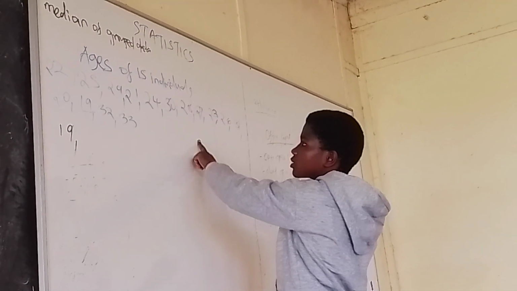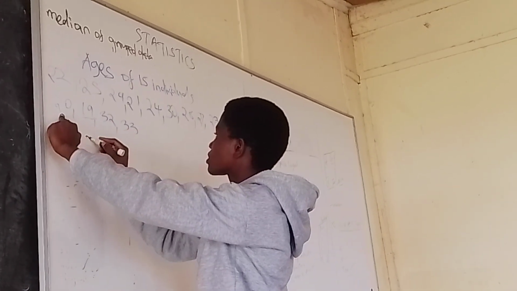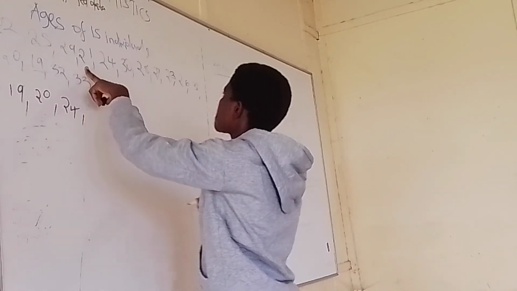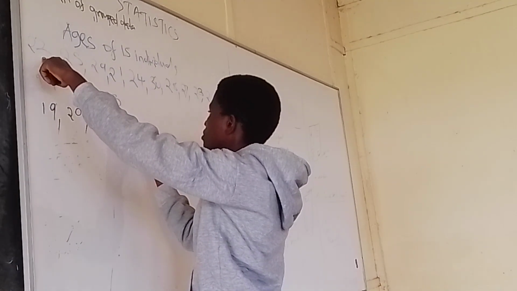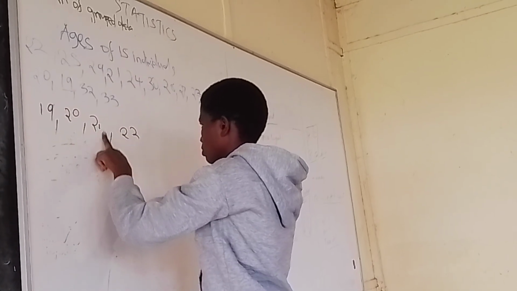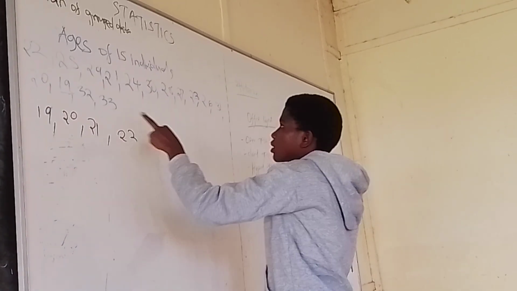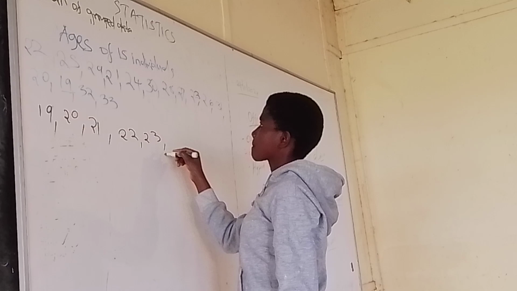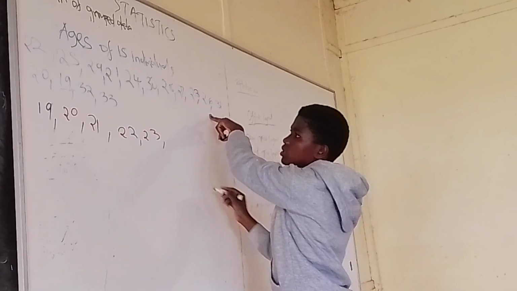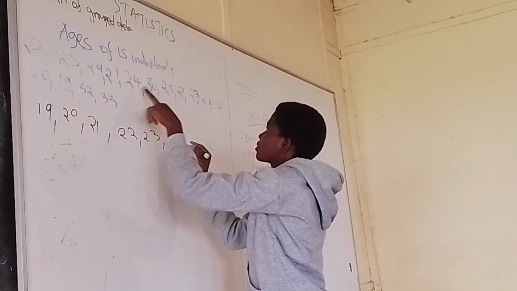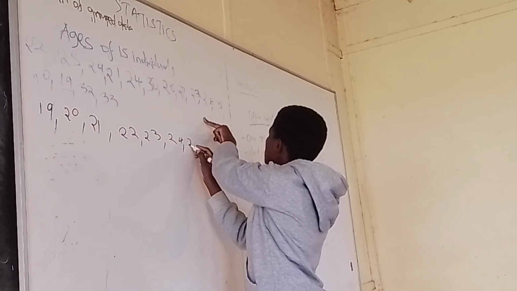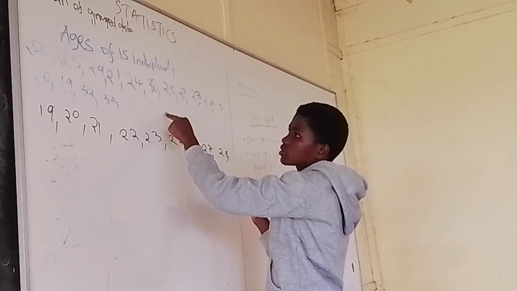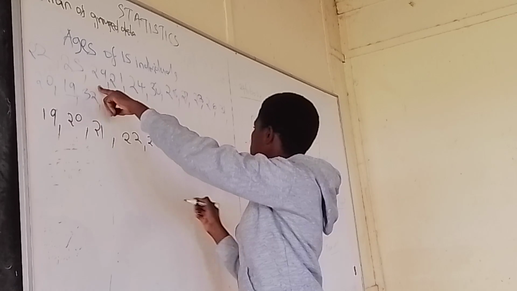After 19, we have 20, then 21, we have 22, then 23, 24, 26, 27, 28, 29.